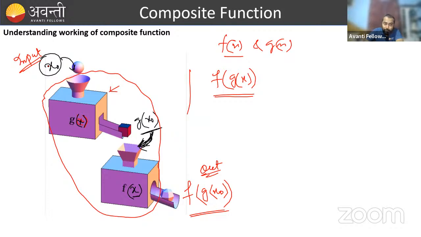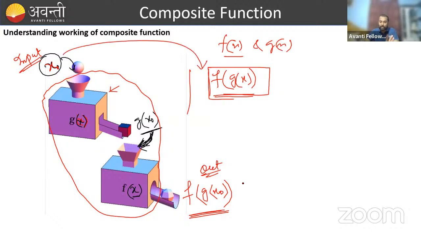So when you are giving input as x naught, you are getting the output as f of g of x naught, right? So my function here becomes f of g of x, and when you are giving x naught as input, you are getting f of g of x naught as output.